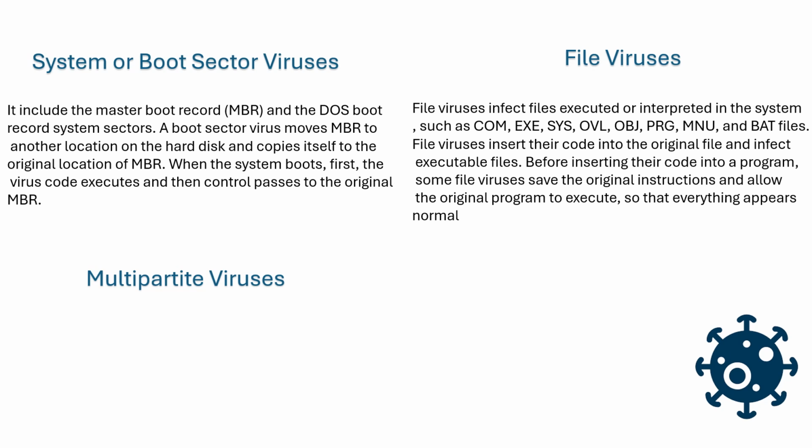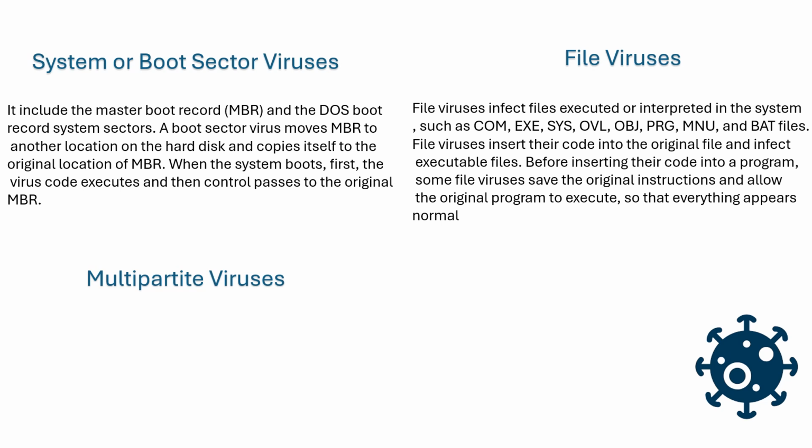If you have a file, viruses insert their code into the original file, and that original file is known to the user. What the virus did is infect that executable file.